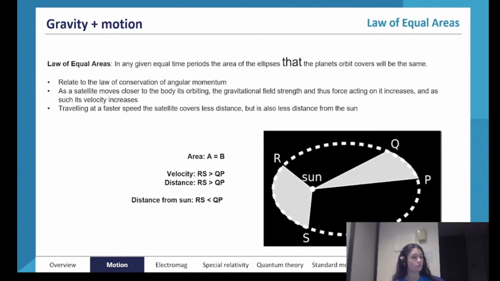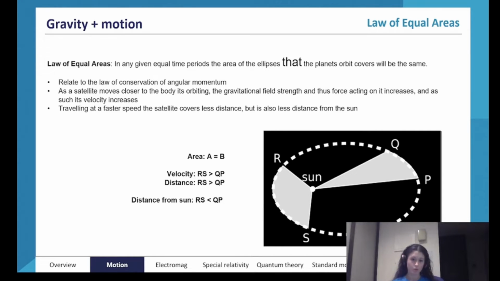The law of equal areas tells us that in any given equal time periods, the area of the ellipse that the planet orbit covers will be the same.